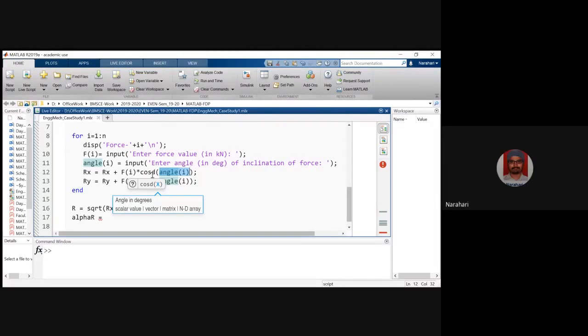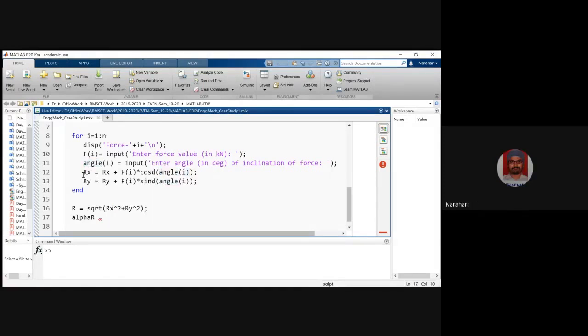When you multiply two scalars, you get one scalar only. This we already know from our mechanics days. So the same thing holds good here also. They are just numbers. F of i is one number. You'll get to know. Just give me 2 minutes. When we run this code, you'll understand the whole thing. Okay, sir.